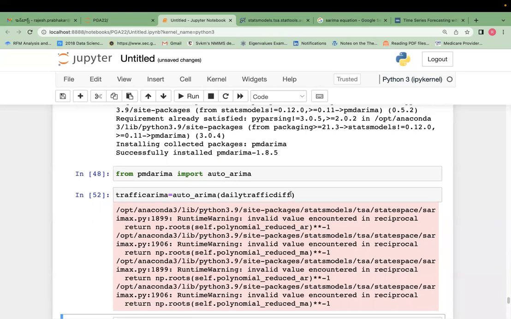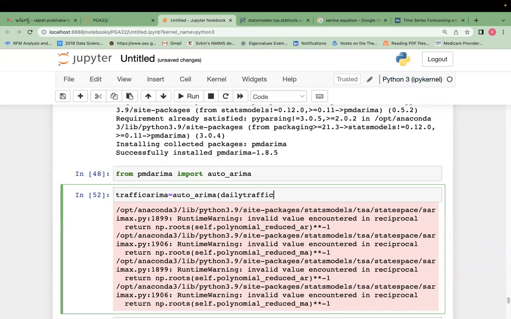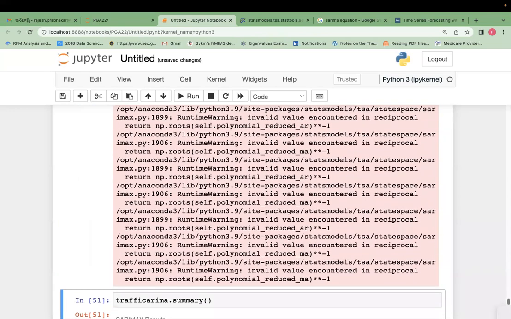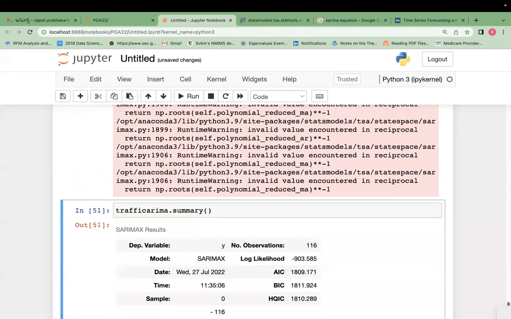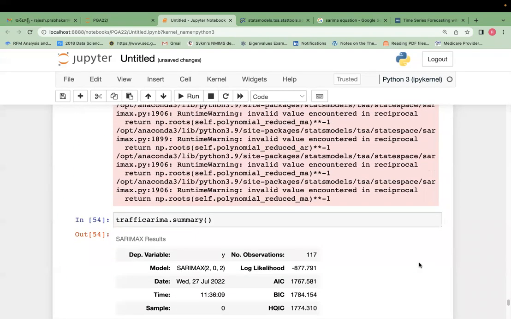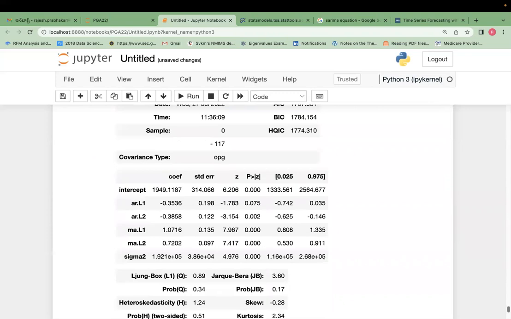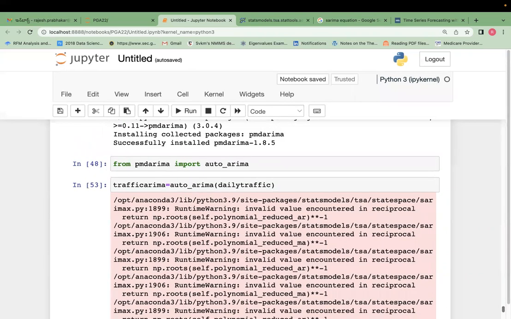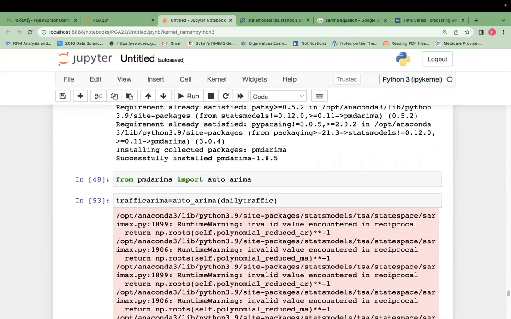Okay, let us give the actual data. SARIMAX 2, 0, 2. ARIMA 2, 0, 2 is what we are getting if we give daily_traffic. Why are we getting this error? It was not there earlier.